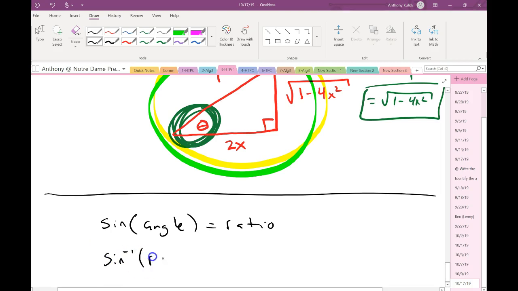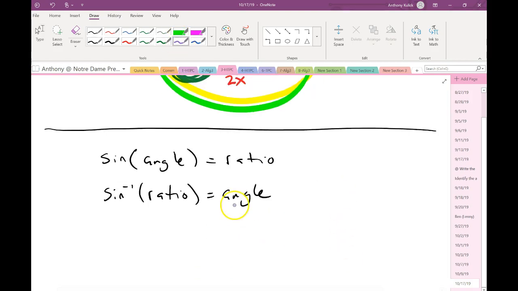When we take sine inverse of a ratio, it gives us back an angle. The tricky part about this inverse is that there's infinitely many angles that are really appropriate here.